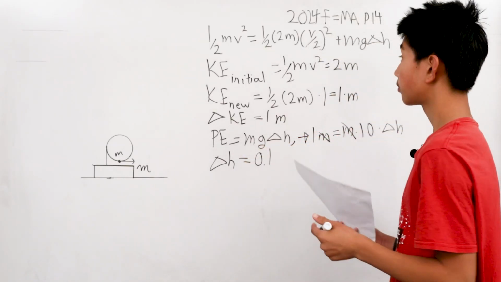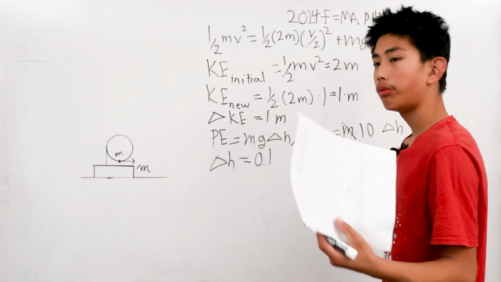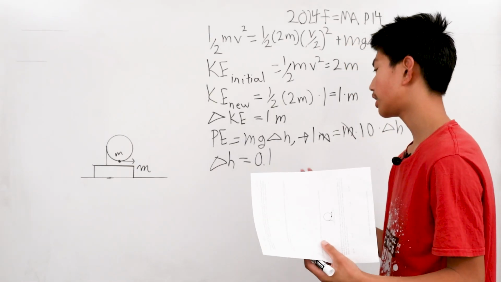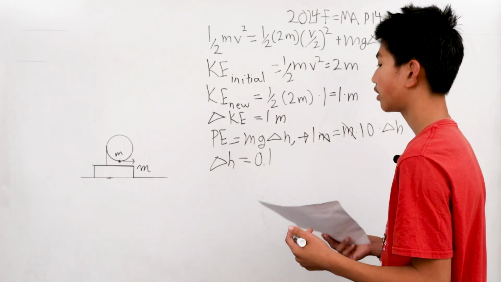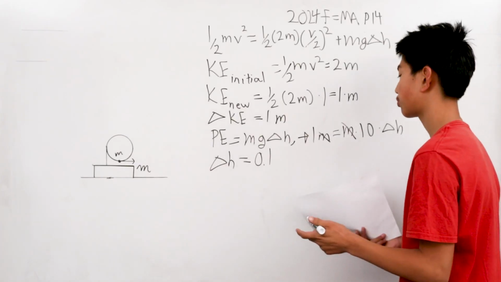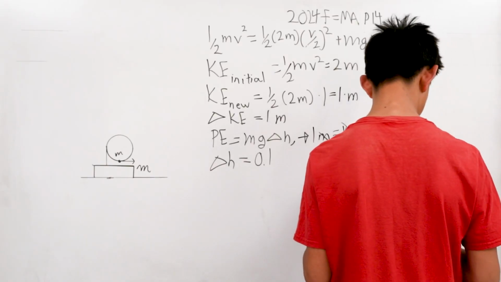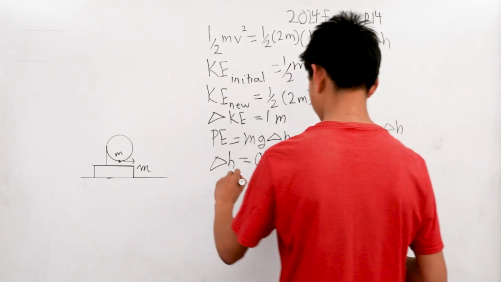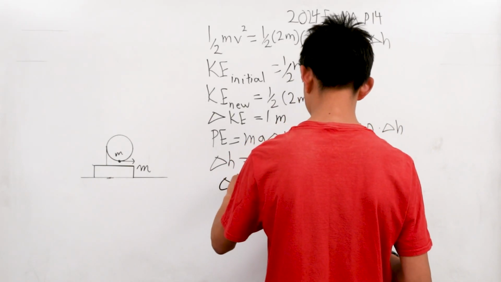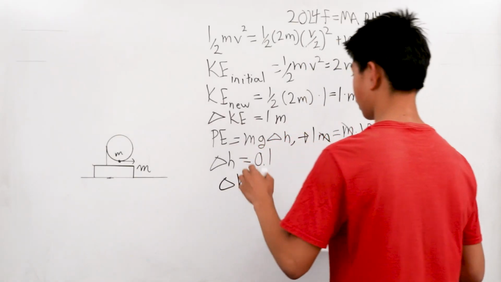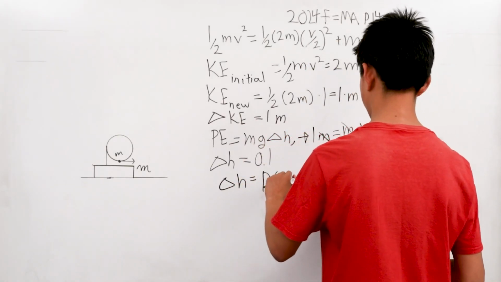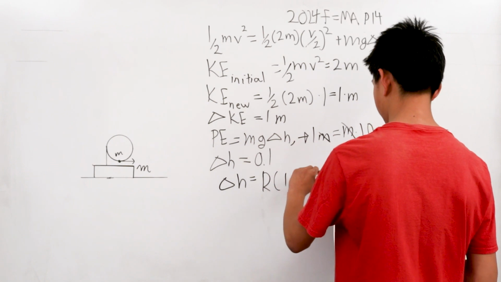We have that now. Well, now we can use trigonometric identities to find the angle measure it has traveled, because we know the change in height. So we can say that delta h is equal to the radius of the whole circle times 1 minus cosine of theta.